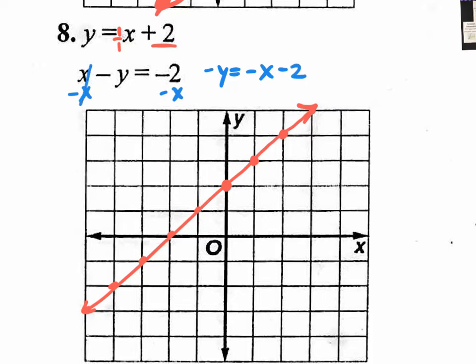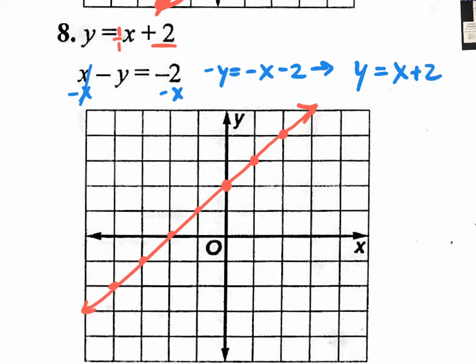And then over here, the negative 2 and the negative x, you can't combine them, so you rewrite it and you put your x first, so it's negative x, and then the minus 2 over here. I have negative y left on the left side of the equal sign. Negative y equals. Now all I need to do is multiply everything by negative 1, which is going to change all the signs. So my final equation in blue will be positive y equals positive x plus 2.